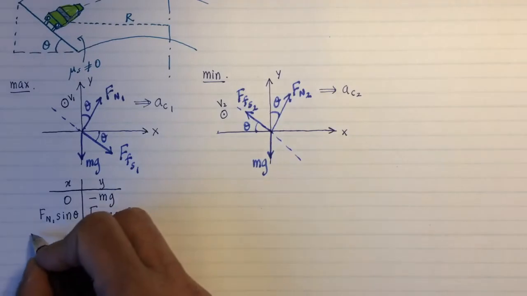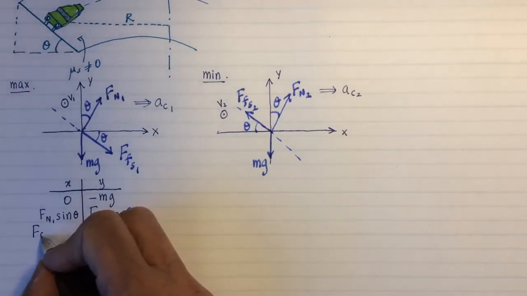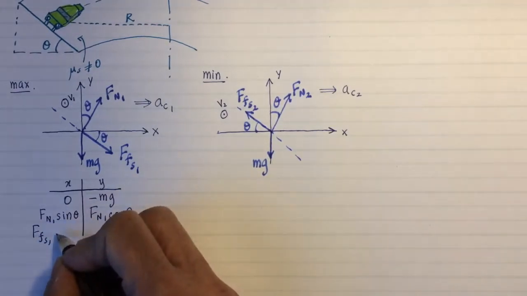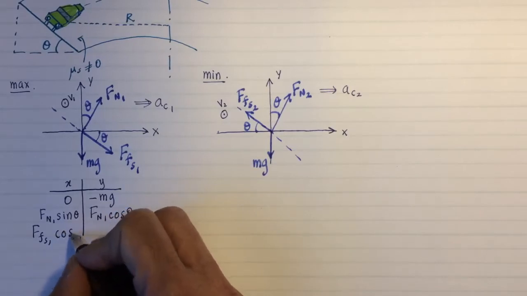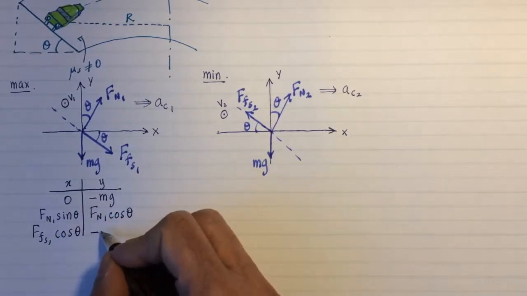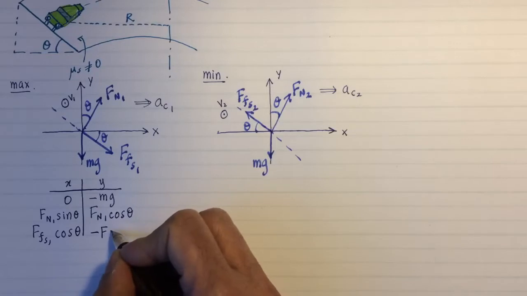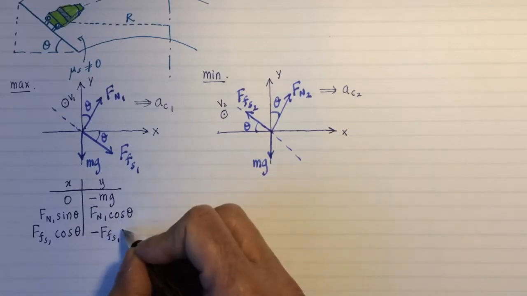The force of friction static has got x component of cosine theta and y component negative sine theta.